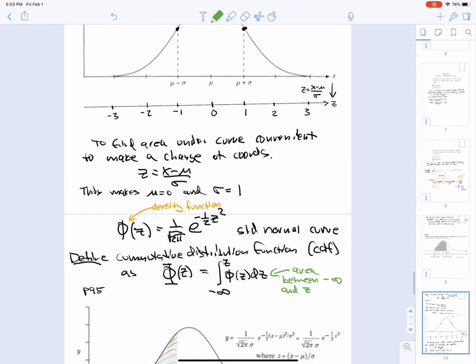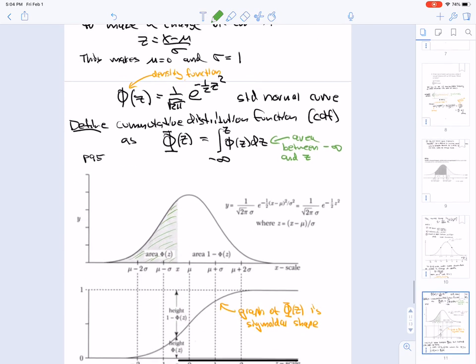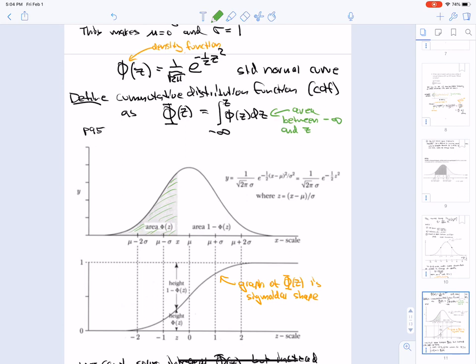Now we can standardize this normal curve to get the standard normal curve by making a change of coordinates, subtracting from x the mean and dividing by the standard deviation sigma. This has the effect of making mu 0 and sigma 1. We have a new density function describing the curve given here, which is called the standard normal curve.